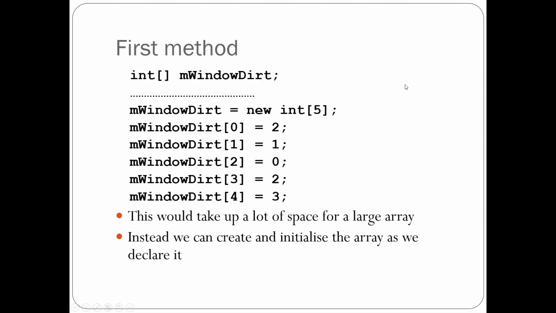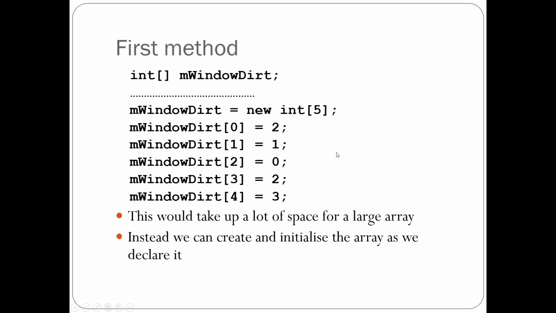We've already covered the code to do that. We've got a variable declaration to tell us it's an array, which we've initialized for 5 elements, and then single lines of code to put the values in each of the elements 0, 1, 2, 3 and 4.